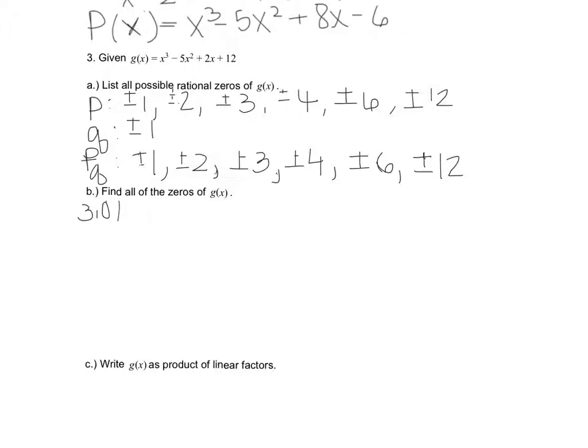So what we're going to do now is use synthetic division to divide g of x to end up with a quadratic, which we can then solve using the quadratic formula.